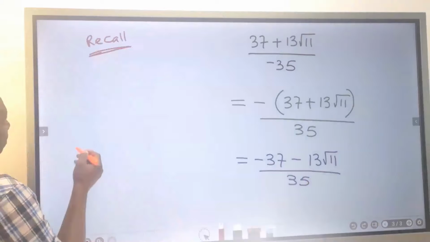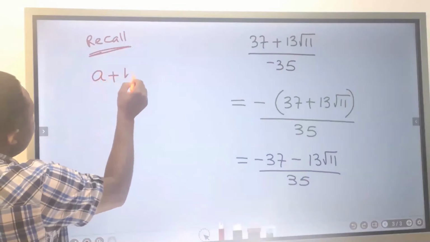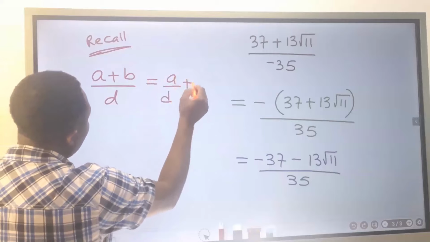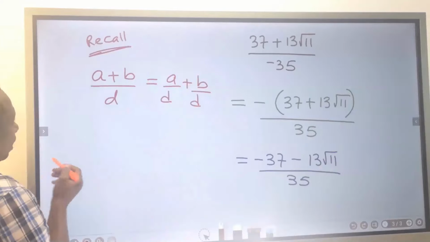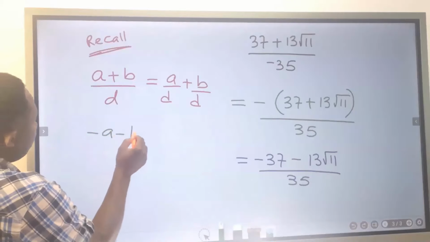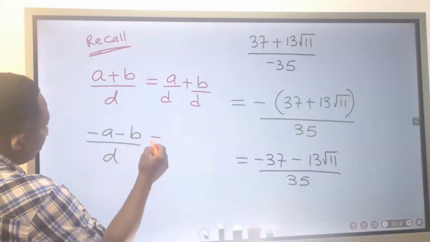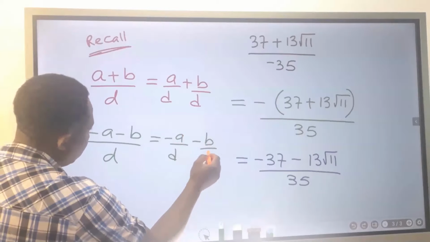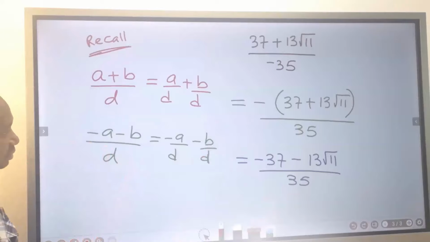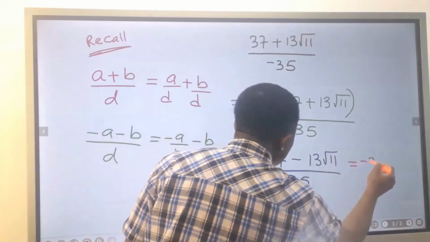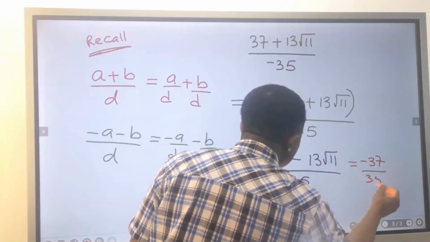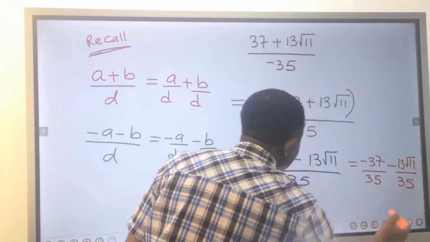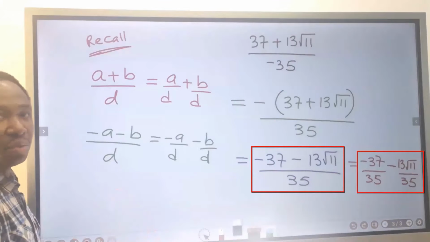In mathematics, recall that A plus B divided by D is A divided by D plus B divided by D. And if I have minus A minus B divided by D, I'm going to have minus A over D minus B over D. With this, that means I can write this as minus 37 over 35 and minus 13 root 11 divided by 35, according to this basic rule.